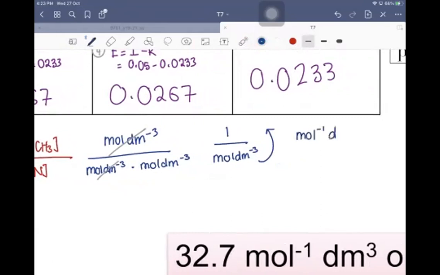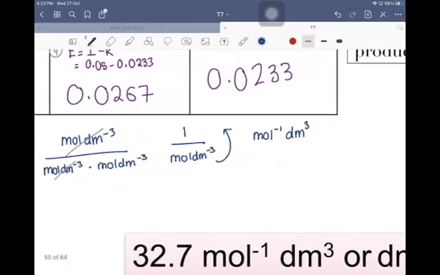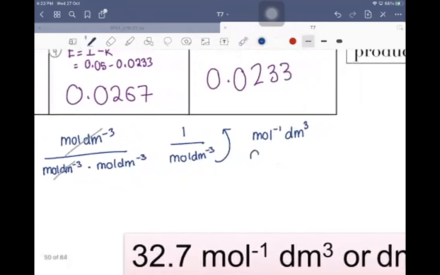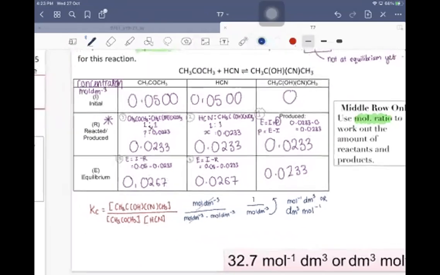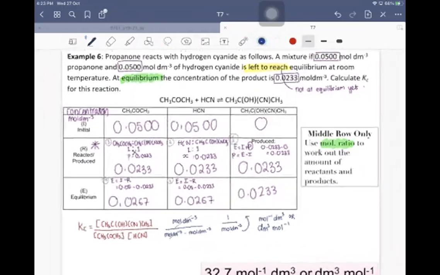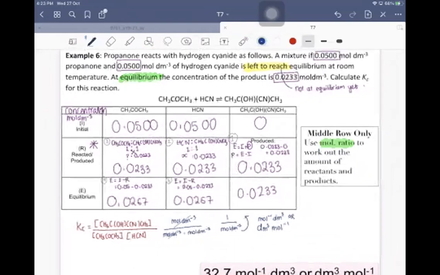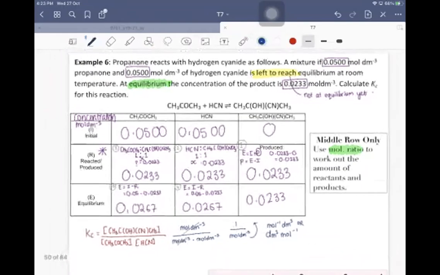Your dm now becomes positive 3. So you can either write it as mole minus 1 dm cube or dm cube to mole minus 1. Don't get confused, right? So if you want to copy down this working, I don't know if you can see it, but I hope you can.